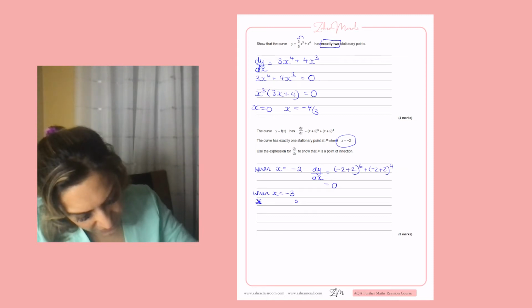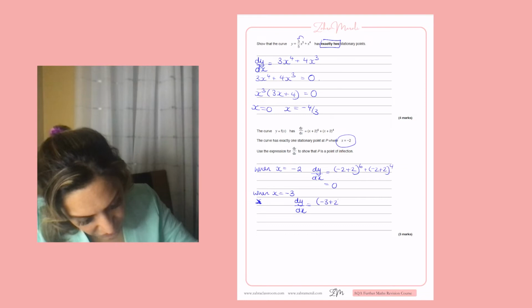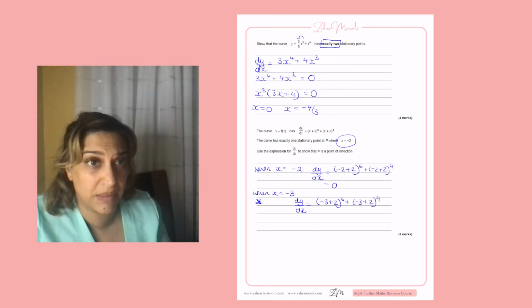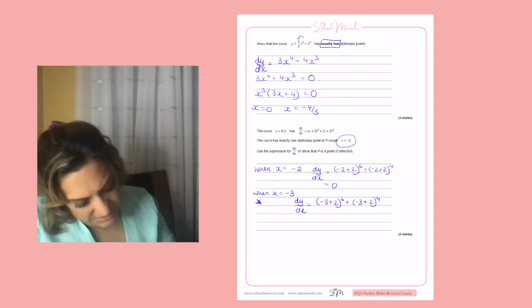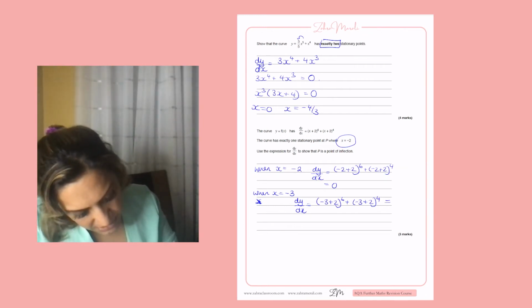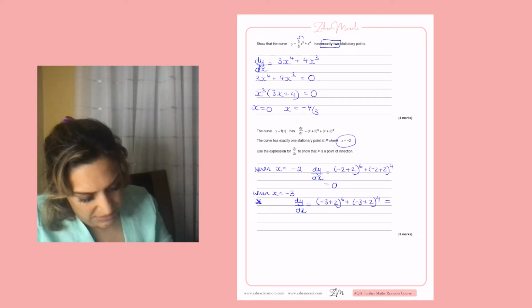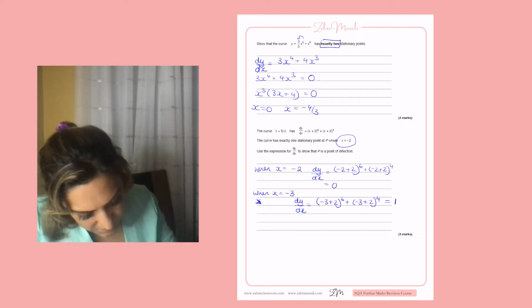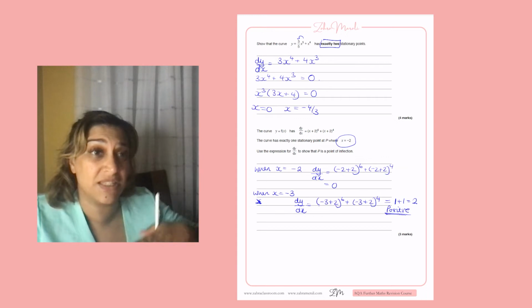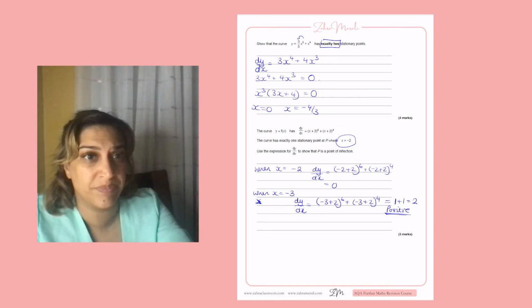When x = -3, dy/dx equals (-3 + 2) to the 6 plus (-3 + 2) to the 4. So we end up with (-1) to the 6, which is just 1, plus 1, which equals 2, which is positive. So the gradient to the left is positive.